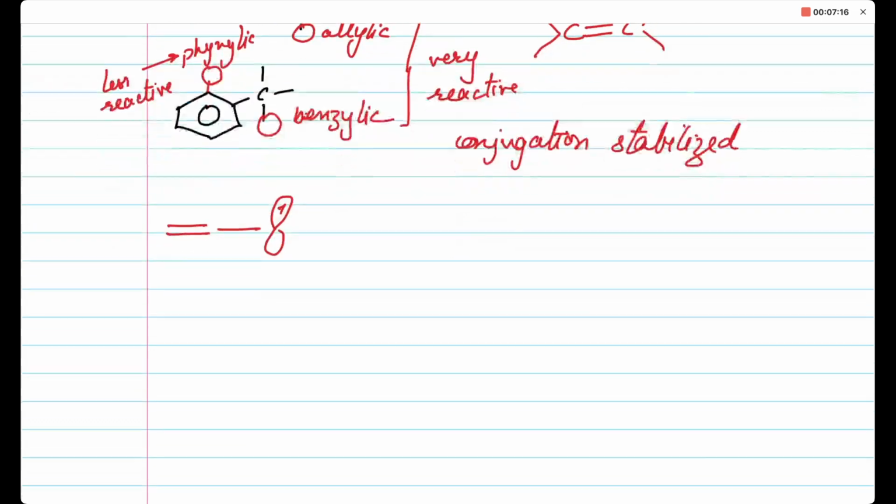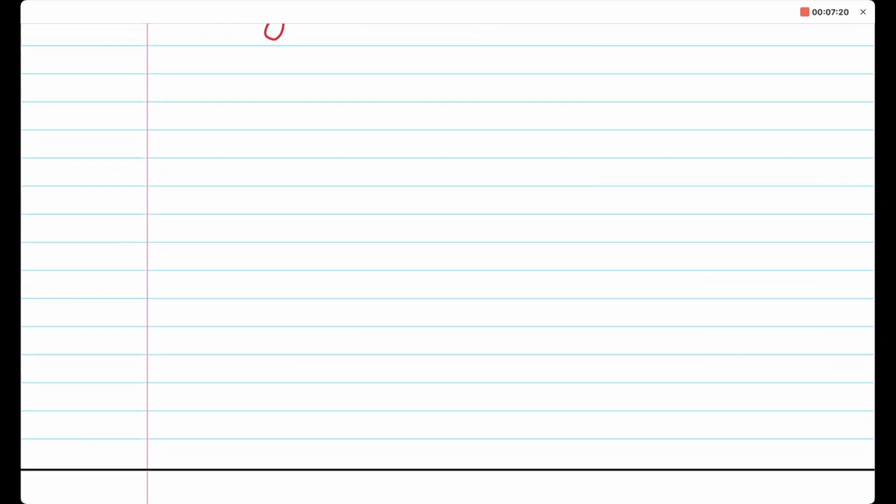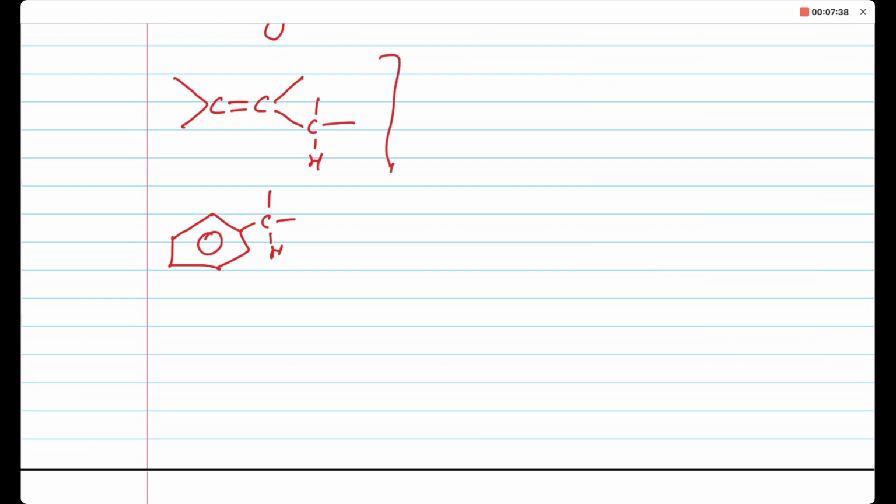When we talk about the alkenes, such as we have the allylic or benzylic hydrogen, and we react with certain specific reagents, like we have X2 in presence of light or heat.